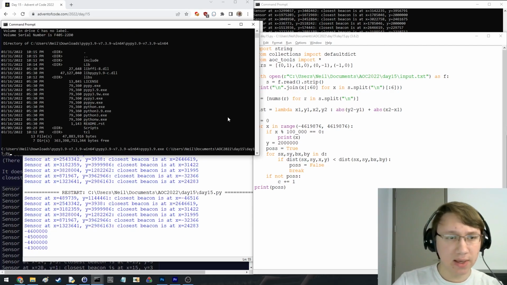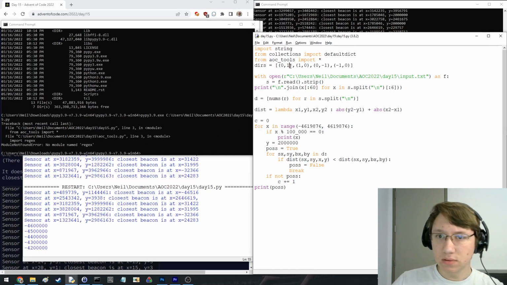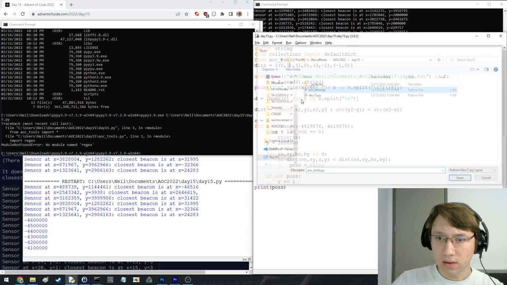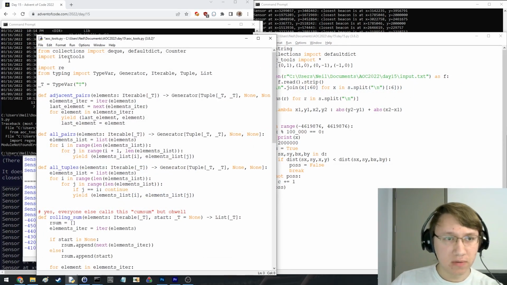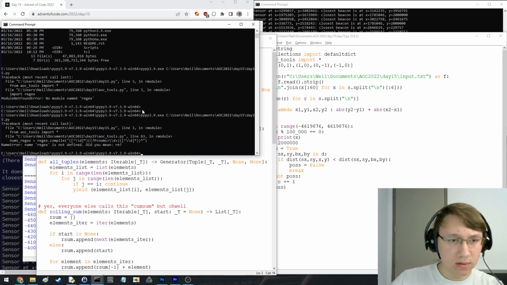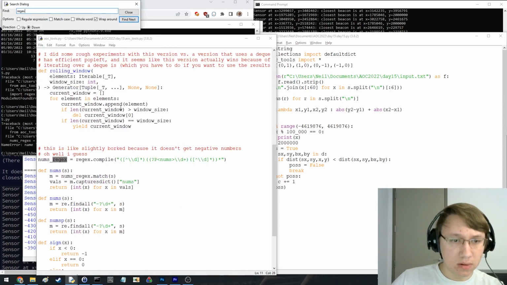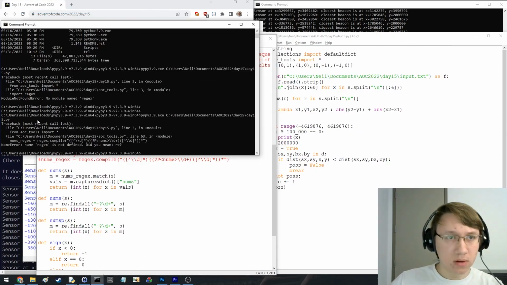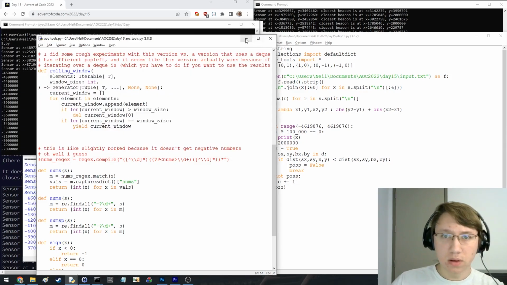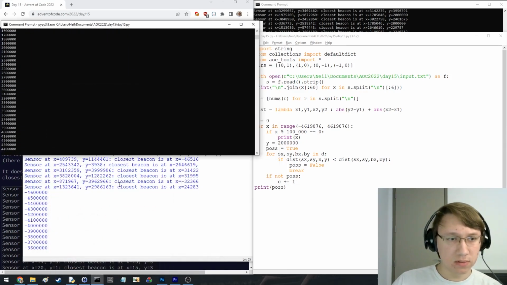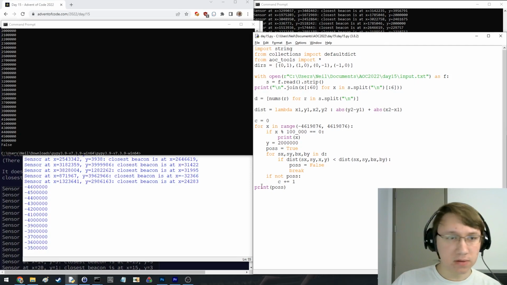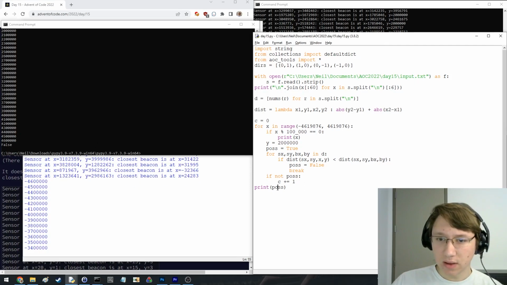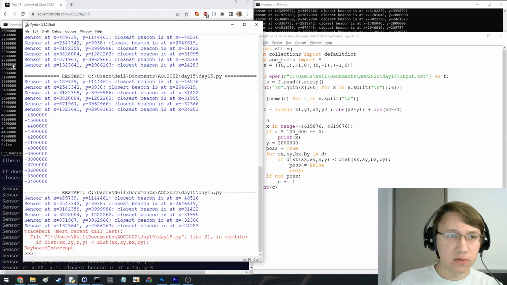That's to be expected, I guess. Actually, don't need to do this library anymore. Okay, that's much faster. False. That doesn't seem right. What I want is C. Oops.